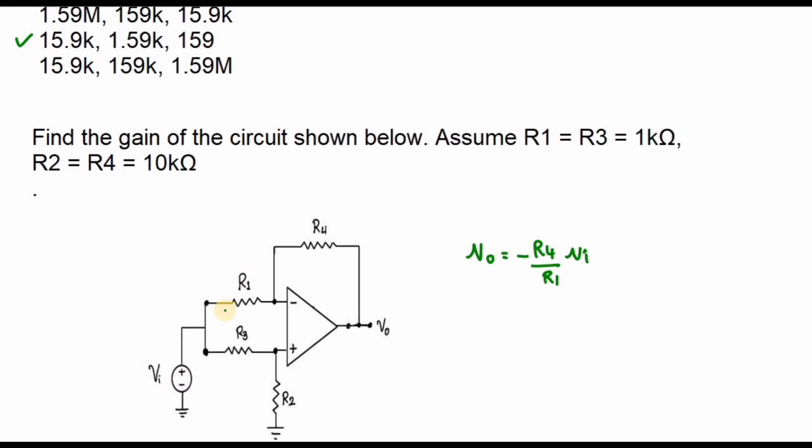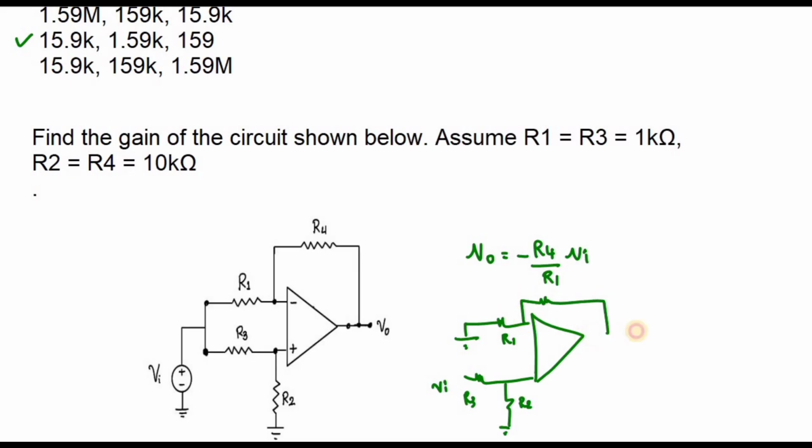Suppose this is grounded and this VA is connected only like this. Since I have applied the superposition theorem, if VA is connected only to this non-inverting terminal, what is my V naught by VA?